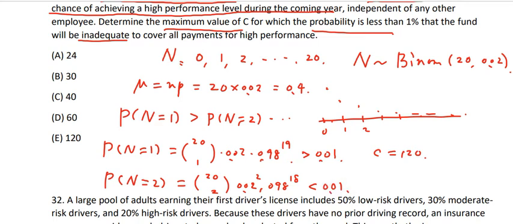So if n equals 2, we can put C equal 60, right? If n equals 3, this probability is also less than 0.001. So in this case, we put C equal 40, right? So here is the maximum of C. We say the maximum of C is 60, in this case n equals 2. So we can put 60.